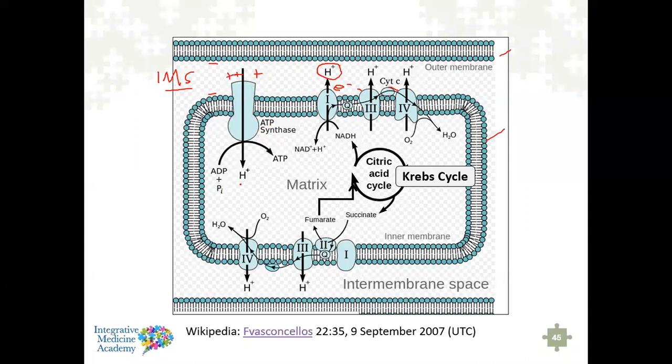And as those protons move through, it causes a binding effect between ADP and inorganic phosphate to make our ATP. So a lot can interfere along the way. We can have things that take out complex 1, complex 2, take out our Krebs cycle. All of that could compromise ATP production.